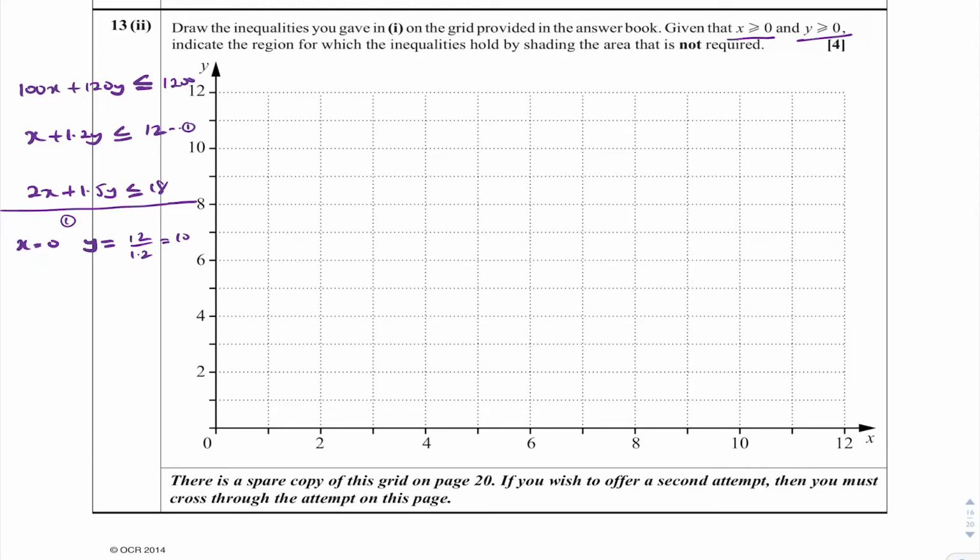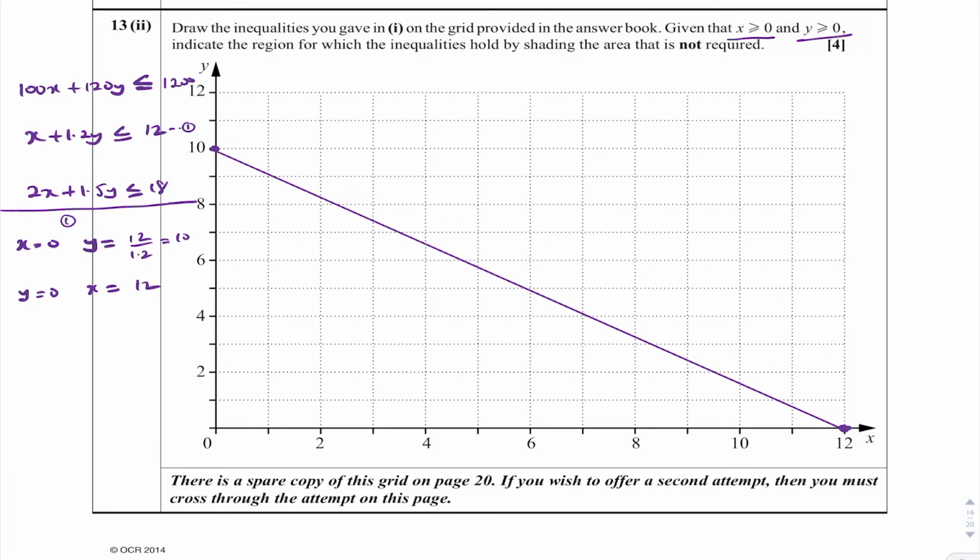And when y is equal to 0, x is equal to 12. So those are the values that we need to plot. So when y is 0, x is 12, and when x is 0, y is 10. So all we need to do is draw the line.